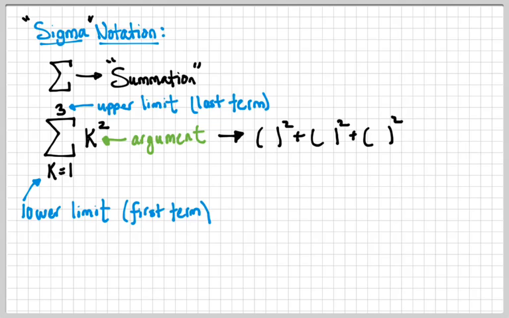So our argument, since it's k squared, we'll be substituting in our k. We're starting at 1, we end at 3, and we're just going to go up by whole numbers because our term numbers can never be decimals or negative. So if we add all of these up, you'll get a total of 14. The sum for this sigma will be 14.